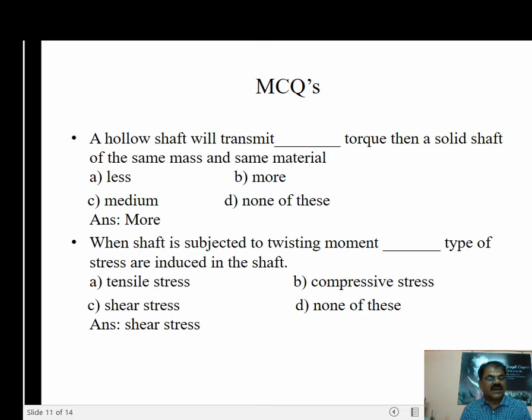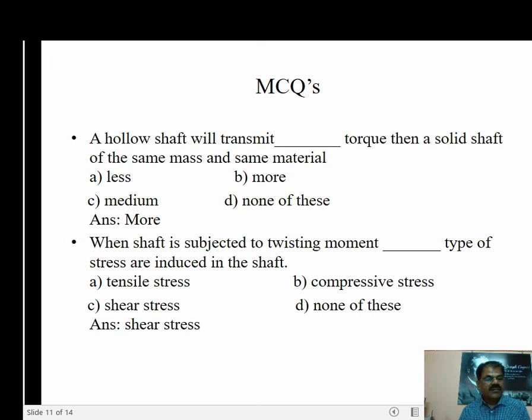So the answer is more. A hollow shaft will transmit more torque than a solid shaft of the same mass and same material.